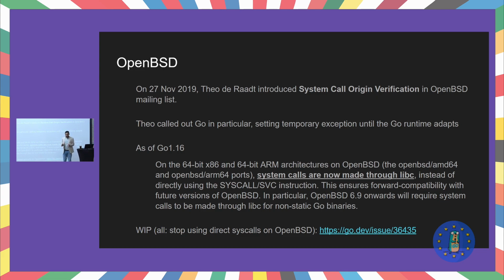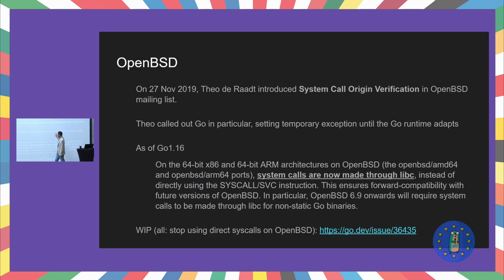Now we are at odds because if you disable CGO and OpenBSD requires libc to make those syscalls, how are you going to do anything on OpenBSD? Because sooner or later, you're going to need syscalls. Printing, making network calls, listening on some socket, those are all syscalls.